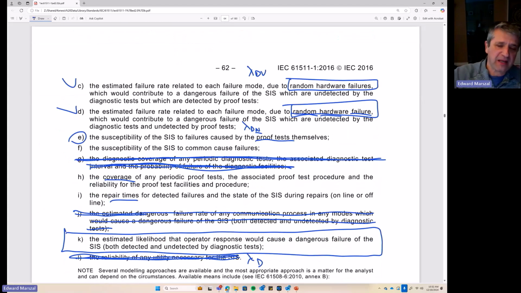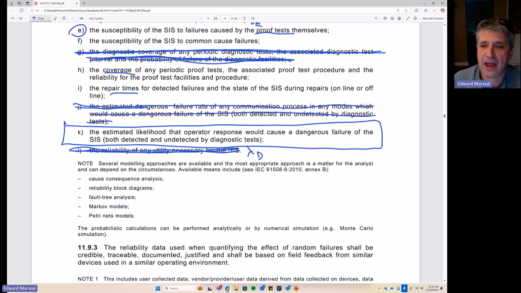So we've been beating you about the head and neck that we're talking about random hardware failures, not human beings, not human failures. And then we come back and we put clause K in, which says, when you're doing your SIL calc, you need to consider the estimated likelihood that operator response will cause a dangerous failure of the SIS.